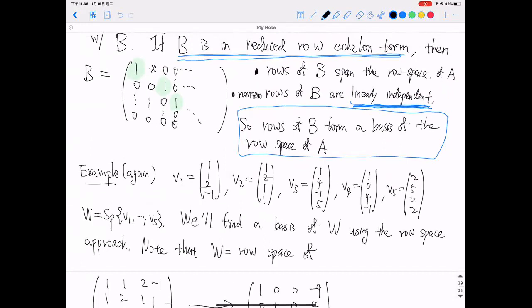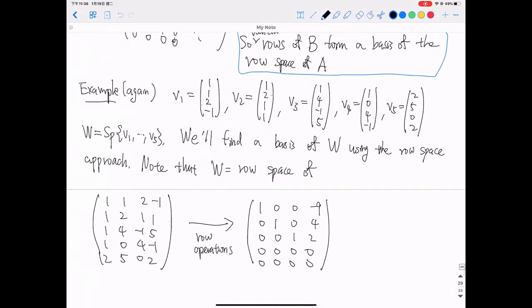But if we restrict our attention to non-zero rows, then everything I said is true. So here's what we're going to need to do. We now have the matrix in reduced echelon form. It has 5 rows. 3 of them are non-zero. 2 of them are 0 and they don't play a role. Therefore, these 3 non-zero rows will give us a basis for W.